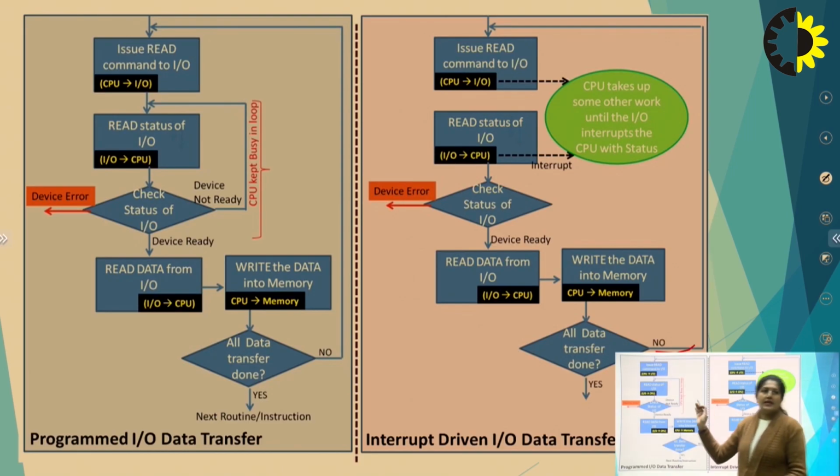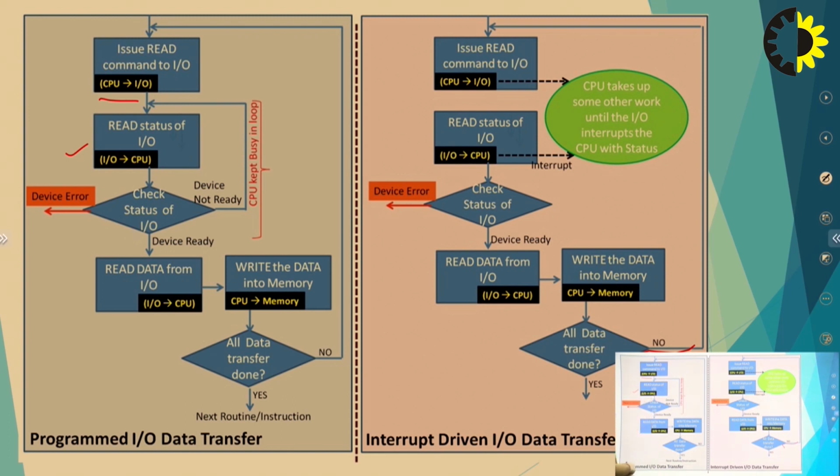Firstly, we will see programmed input-output. Let's suppose there is a flow chart. Firstly, the CPU will issue the read command to the input-output. It will check whether the input-output is ready for a read command. Here, the read status of the input-output will be checked by the CPU.